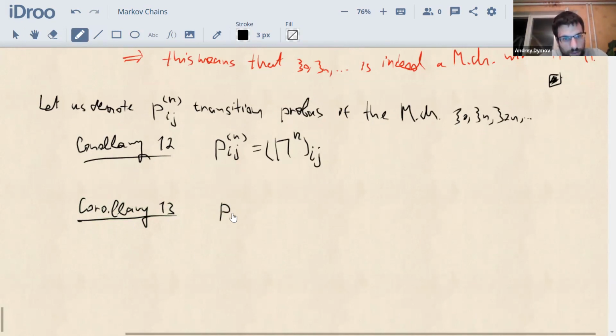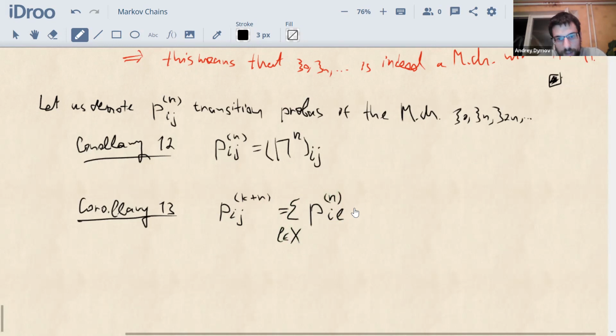If you consider transition probability in k plus n steps, then it can be obtained in the following way. You should sum up over all states transition probabilities in n steps and multiply it by the transition probability in k steps.